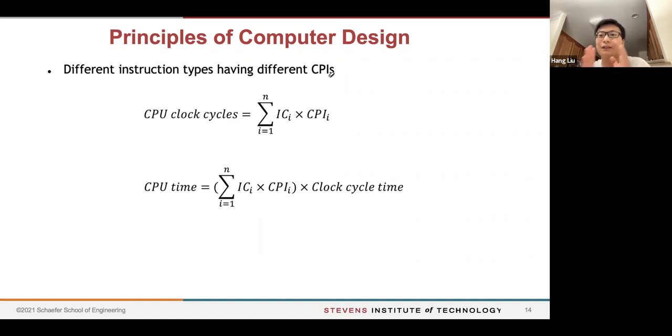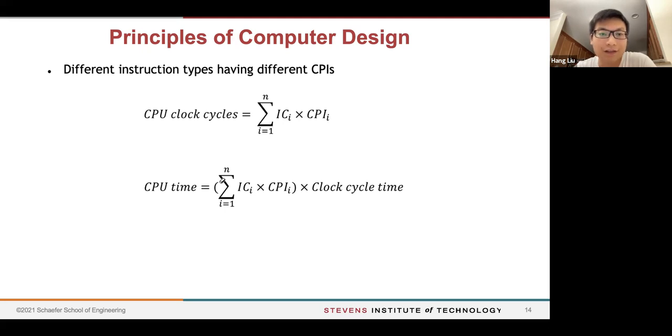So let's say single floating point has 10 instructions, and those 10 instructions have the same CPI, and then double floating point, let's say, has 40, and those 40 have similar cycles. Then we arrive at this equation, right? So we have sigma of IC_i multiplied by CPI_i, right? For every i is 1 instruction type.